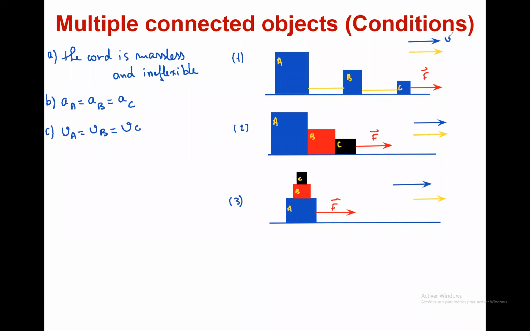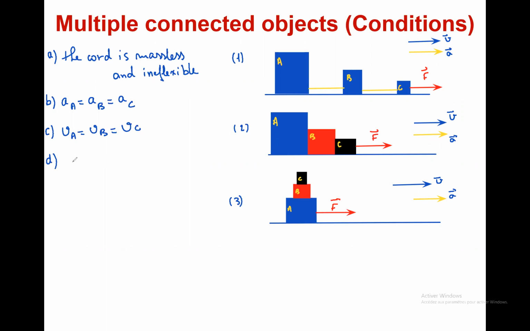Here we have V, the blue one, and here we have A as acceleration. A is the same for each object. Okay, this is point C.